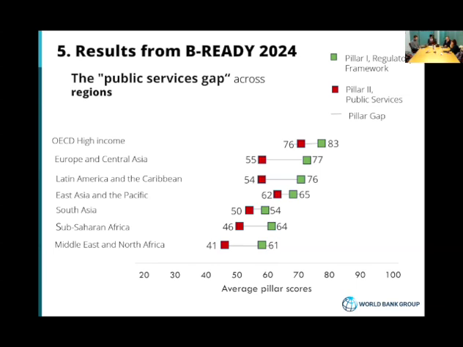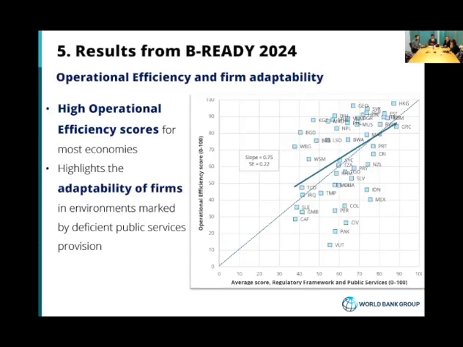And with that, I'll move on to one of the last slides in the sections that we have on general trends that we see from our data. And that's on high operational efficiency scores. So the slide that you'll see indicates that economies have high operational efficiency scores, scores that are higher than the average of the other two pillars for most economies. These patterns in our assessment and in our analysis highlight the adaptability of firms in environments that are marked by deficient public services.